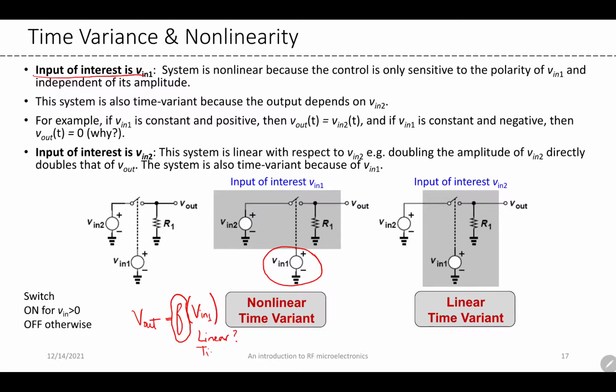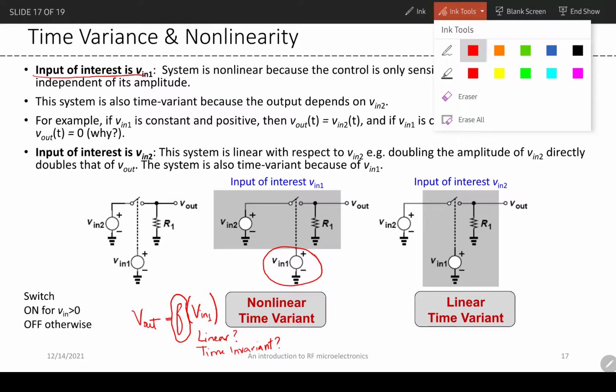Would f be time invariant? So these are the two questions we're trying to answer. If v out is expressed as a function of v in 1, then what kind of a system do we have? Now let me clear the screen first, so we have a clear screen to start with.